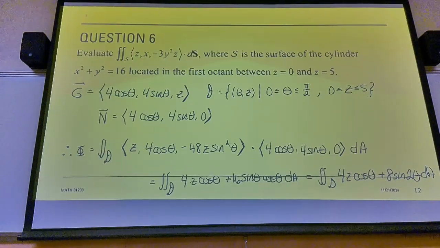Again, there's a reason why I did that. Actually, it's not 0 to 2 pi, is it? So that's not going to work. 0 to pi over 2, 0 to pi. Theta. Sine 2 theta.